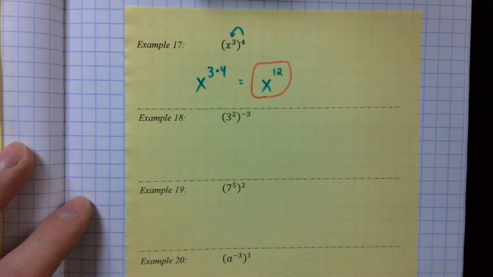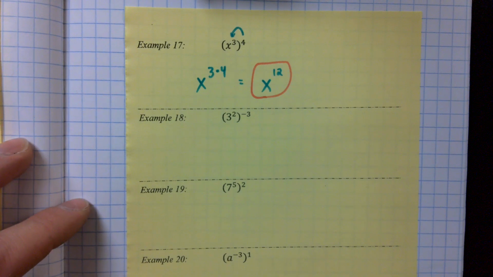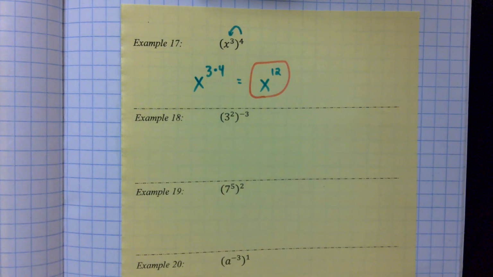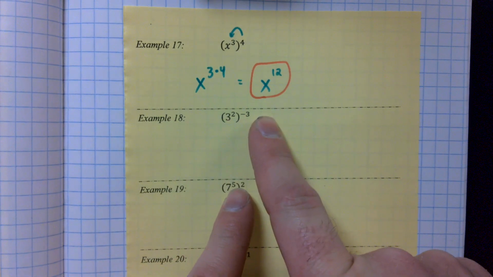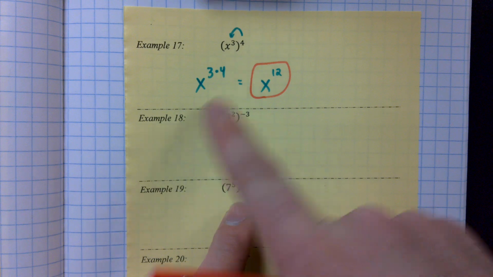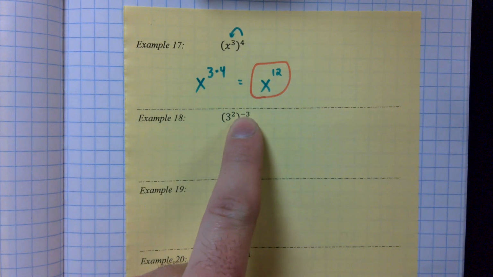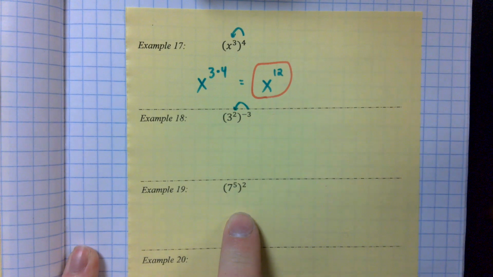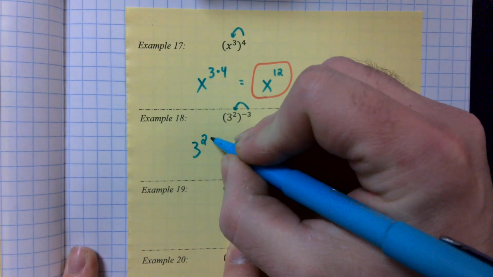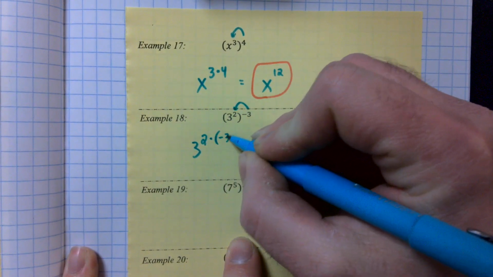But if I look down on number 18, what am I raising 3 squared to the power of? 2 and negative 3, right? 3 squared to the negative third power. Well, what am I going to do with 2 and negative 3 in this case? We're going to multiply them, right? We're doing the same thing. 2 times negative 3.